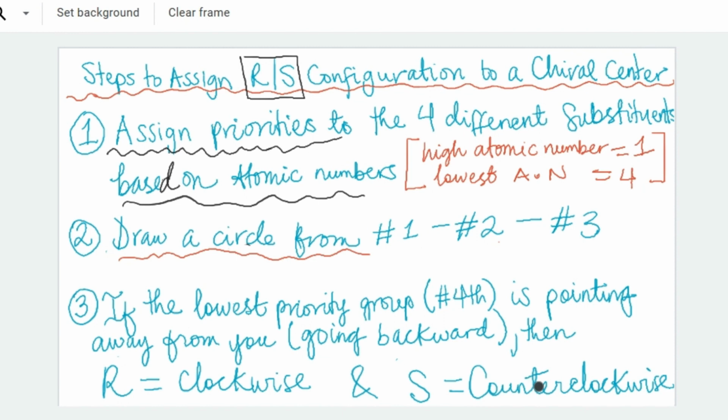So if the largest atomic number is 52, and there are subsequent atoms that have 40, 38, 17, the highest atomic number would receive first priority and would be labeled first. The second highest atomic number will have the second highest priority, the third highest will receive the third highest priority, and the lowest atomic number would be the one that has the least priority.